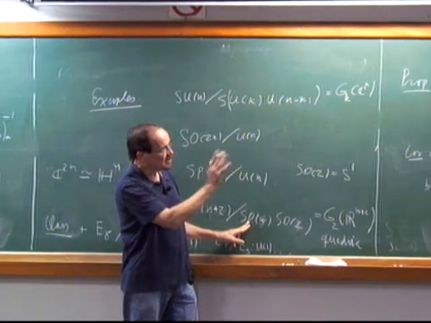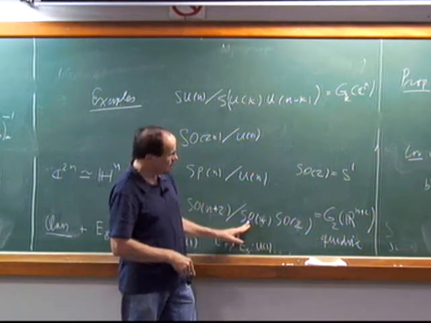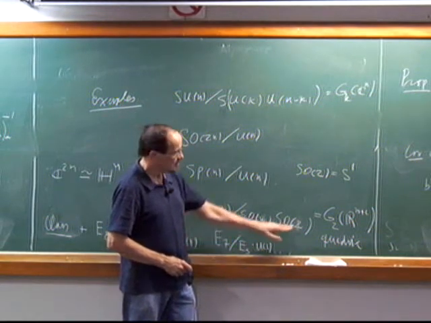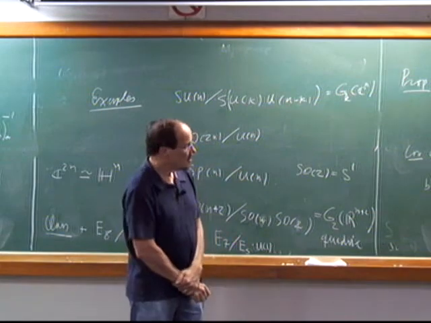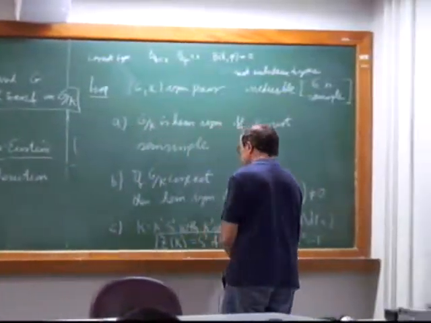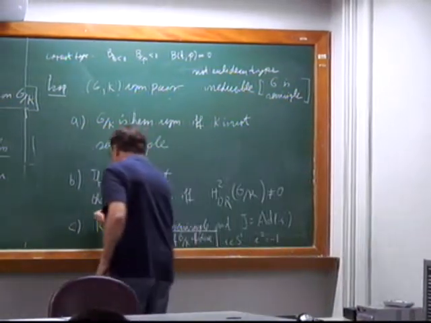Right. Now the criterion: K can't be semisimple, which means, in fact, it has to have a one-dimensional center. Certainly, this group is not semisimple because SO(2) is not. They're actually all if and only if statements.